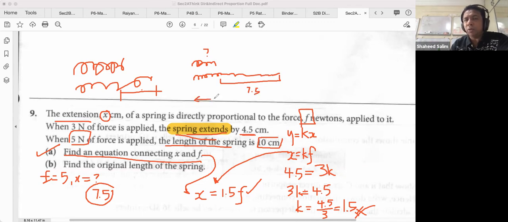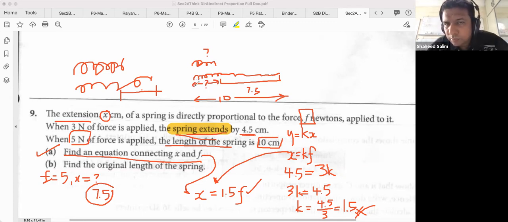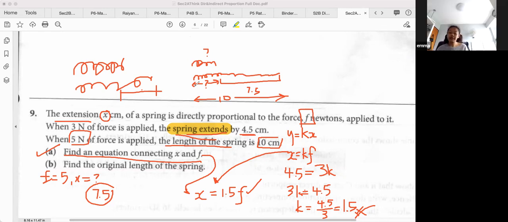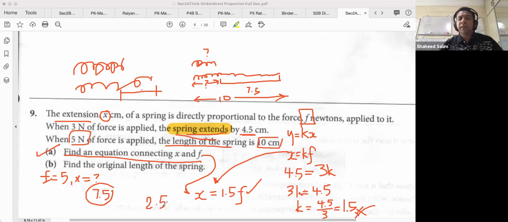And they tell you that the whole thing is 10 cm. So how many cm is the original part? 2.5. Yeah, 2.5. That's your answer.